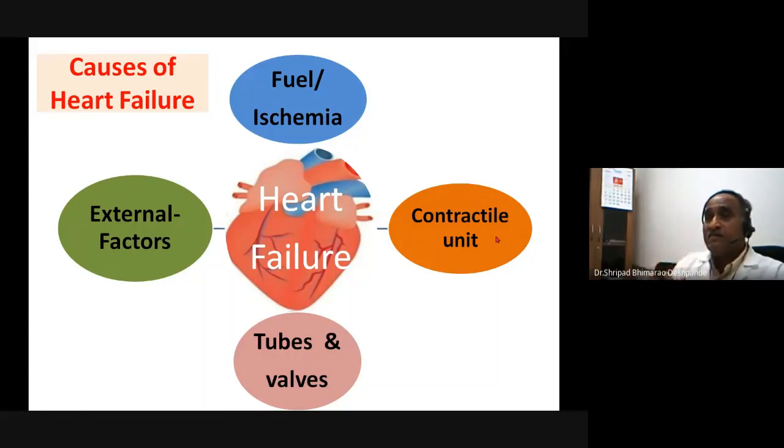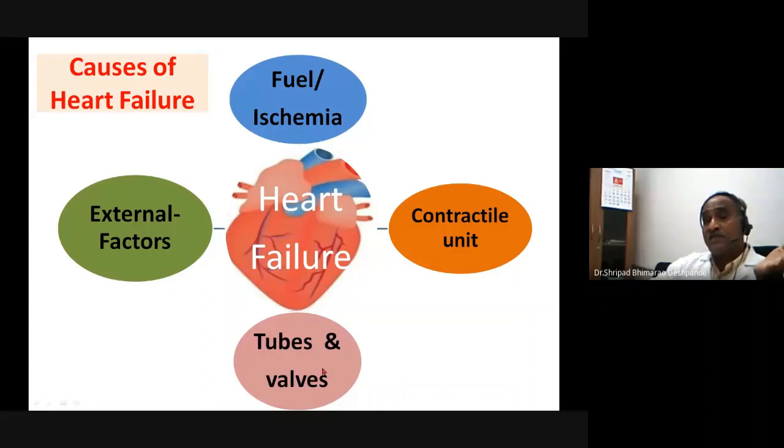The contractile machinery comprises those proteins, the electrical activity of the heart, and the other things related to calcium and contractile activity of the heart. So this is engine failure, that contractile unit. Now the tubes and valves, that means failure of the valves.